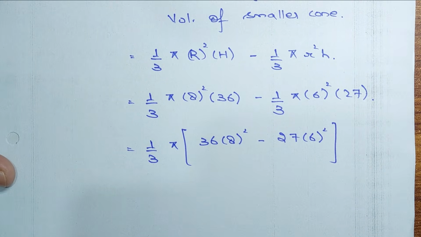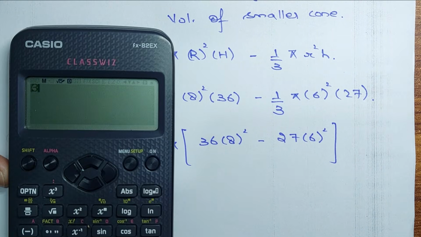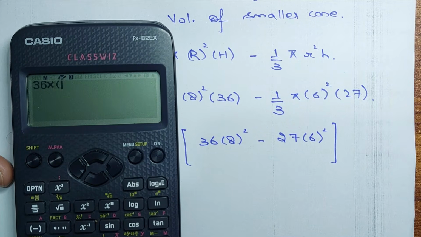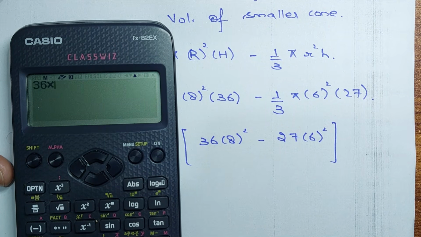Simplify this. 36 times 8 squared, which is 64, minus 27 times 6 squared, which is 36.